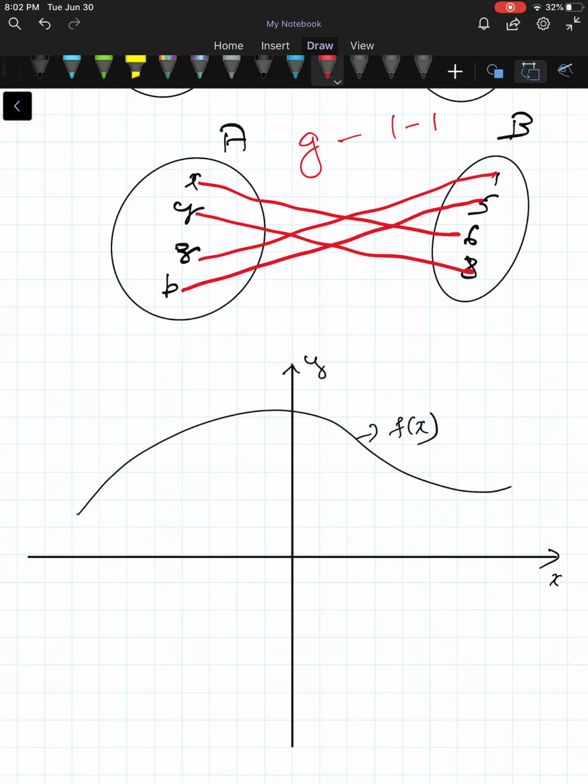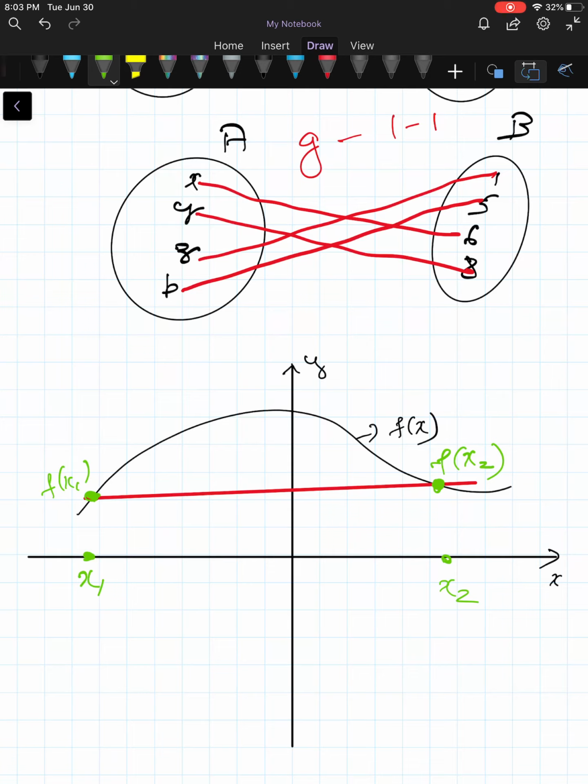Now I will draw a horizontal line across the graph, so that this horizontal line touches the graph at two particular functional values, if you can see that. If this is x1 and this point is x2, this would be f of x1 and f of x2.